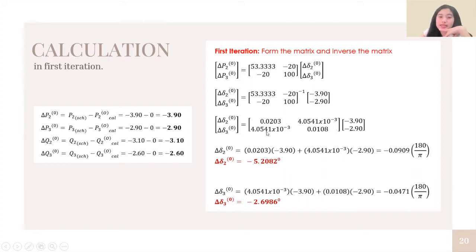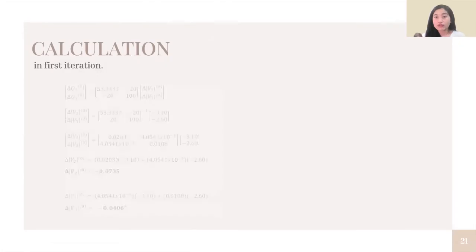Ang pinagkaiba lang is that yung J12 natin, multiply natin sa P2, and our J22 multiply sa P3. So upon that, multiplying that, then adding the two values, we will come up with negative 0.0471 multiplied with 180 all over our pi. And we will get an answer of negative 2.6986 degrees.